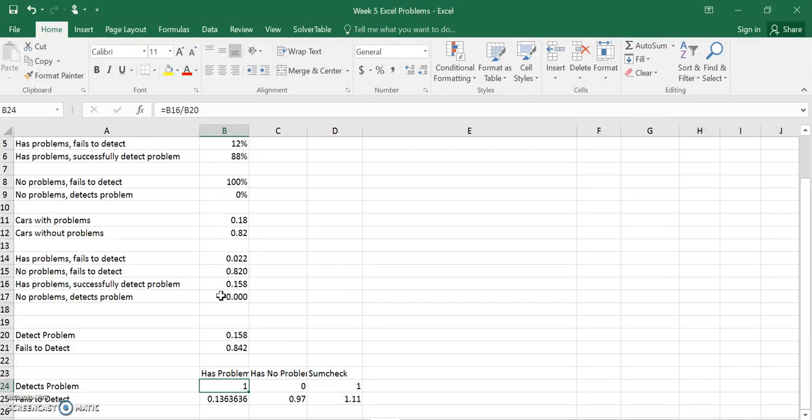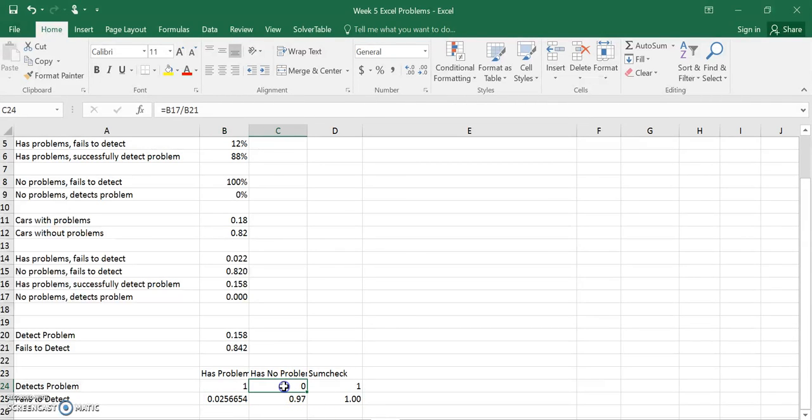Yeah, so actually, yes, that should be 1. So that is correct. All right, so now B14 has problems, fails to detect problems, and then you divide, not multiply, this is divide. You divide that by the fails to detect. All right, so that's where you're getting this 0.0257 number, okay? And this is actually the number that you're looking for.